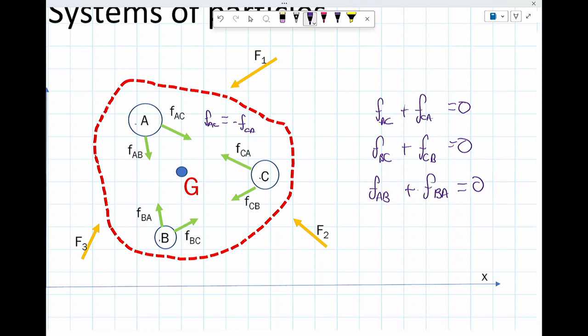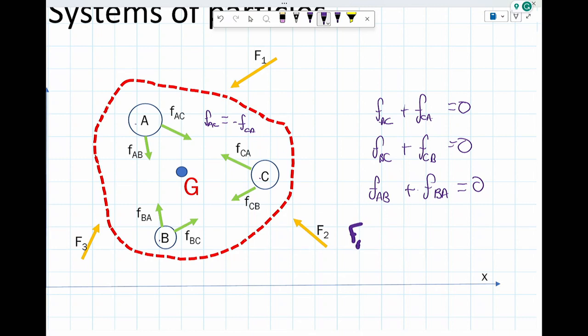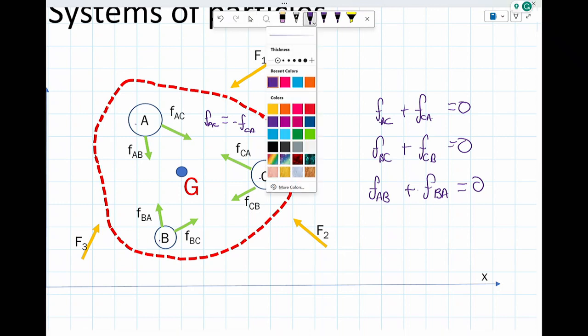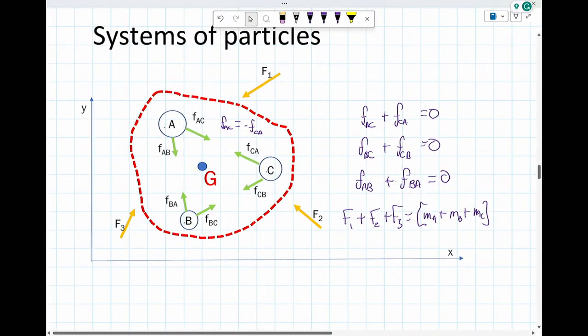So when I do the addition, F1 plus F2 plus F3 is equal to mass A plus mass B plus mass C times acceleration of G. And probably should make those vectors.